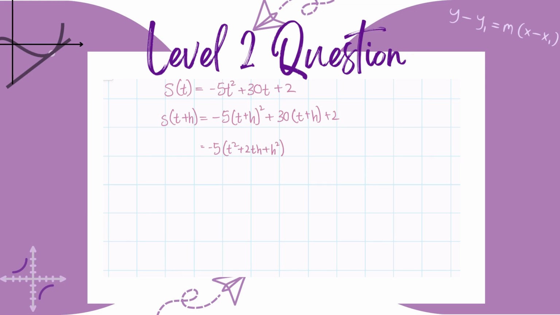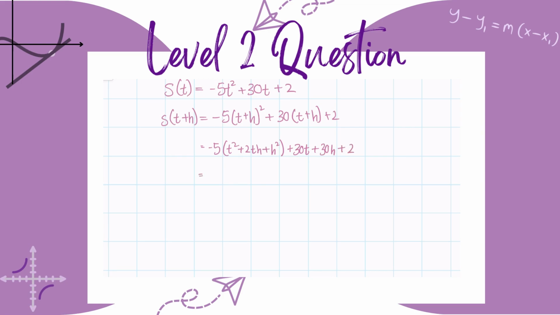And then for the second part, because I don't have to expand by using Pascal's triangle, I could just go ahead and use distributive property to simplify. And that becomes 30t plus 30h. And then I just have plus 2 at the end.